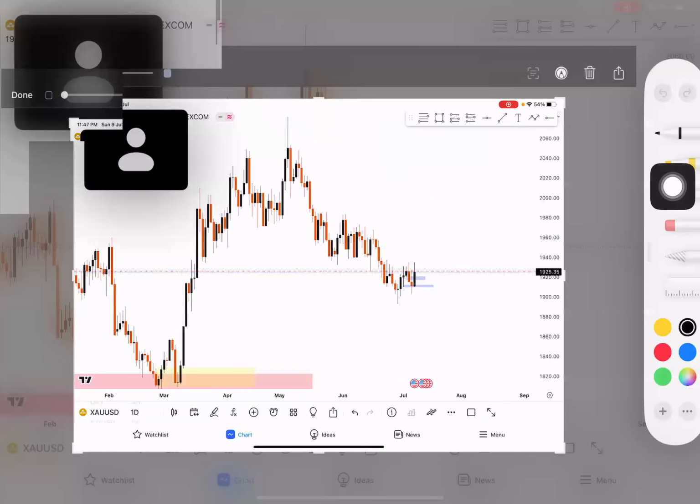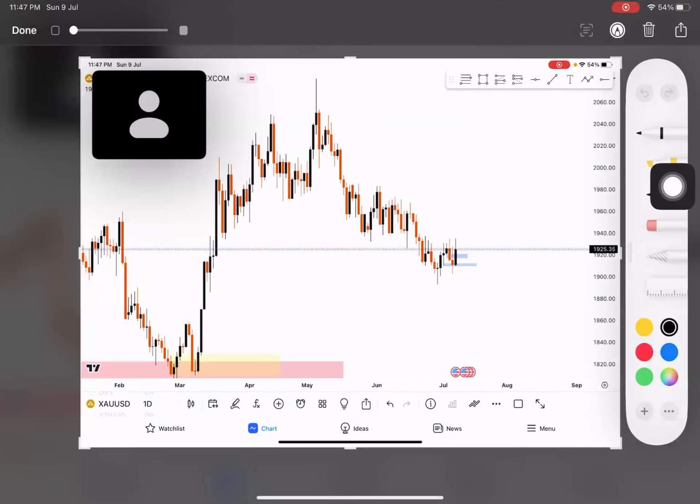For your information, if you want to identify chart patterns, chart patterns are only valid after the breakout of the structures. So the structure is the key. Inverted head and shoulders is only valid when it breaks out the neckline, the neckline right here.